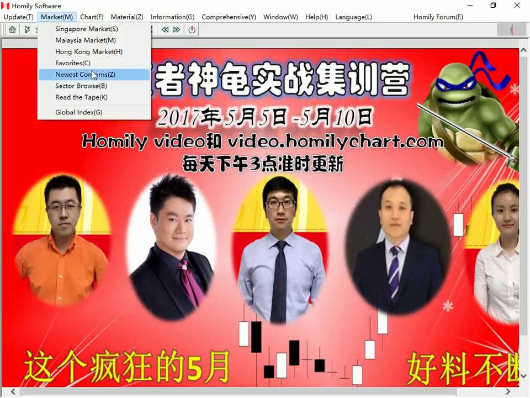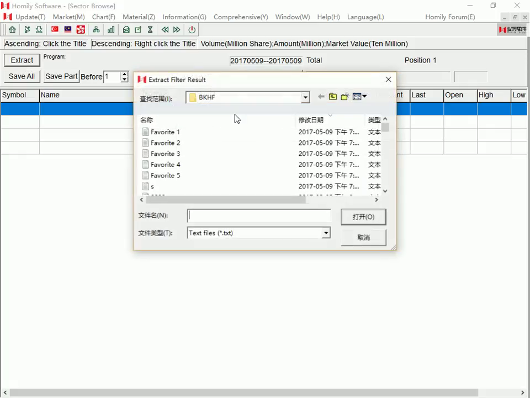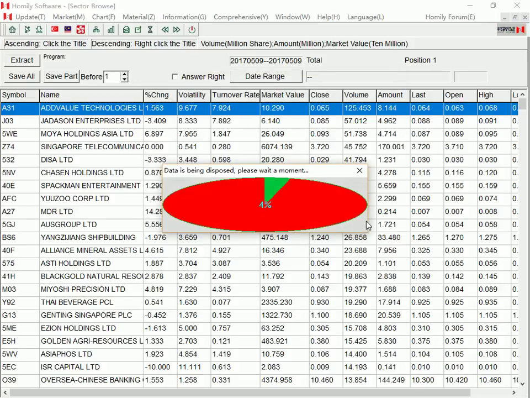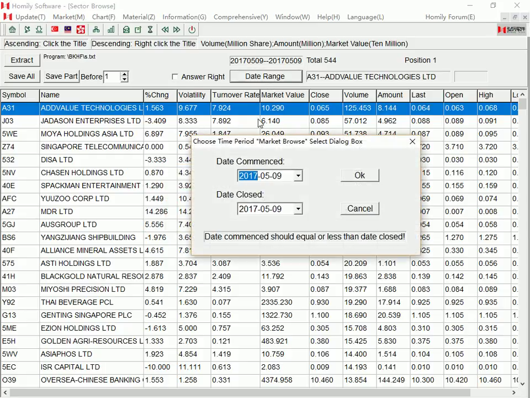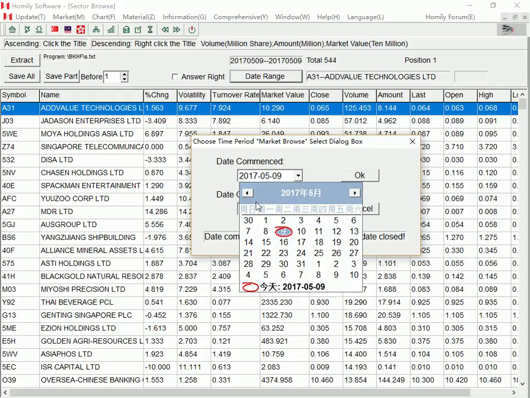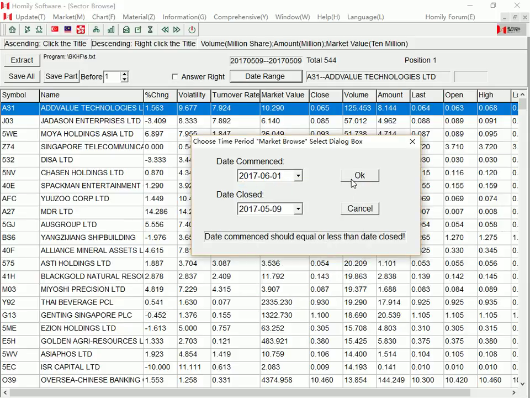So firstly click Market, Sector Browse, then Extract, click S. Then click Open. Then we change the date range, maybe around 1 month or from 1st of May till now.